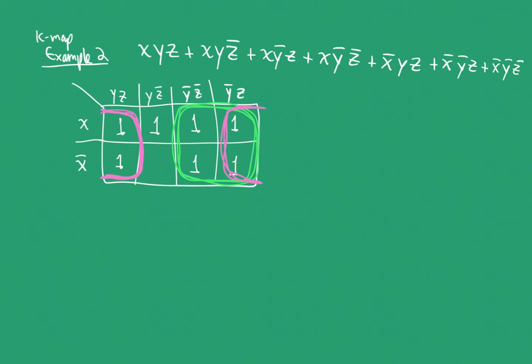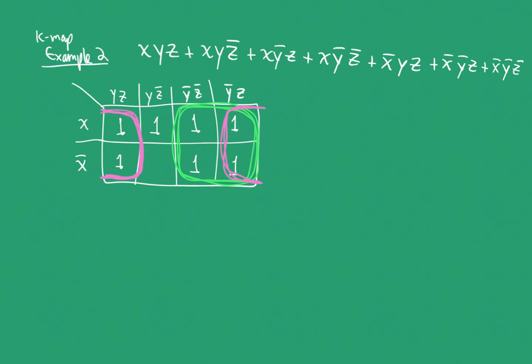I'm not allowed to do 3x1 or 1x3 because there's no rule that lets us do a simplification with three things. Everything is pairs of stuff. It's like the X or not X, Y or not Y, Z or not Z. Those are the things that reduce to one.